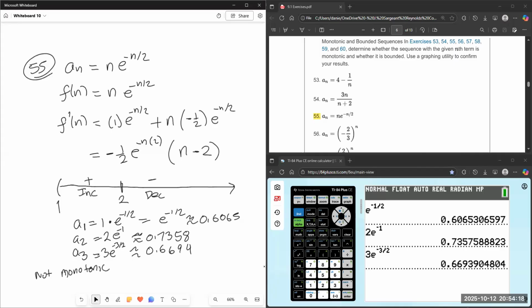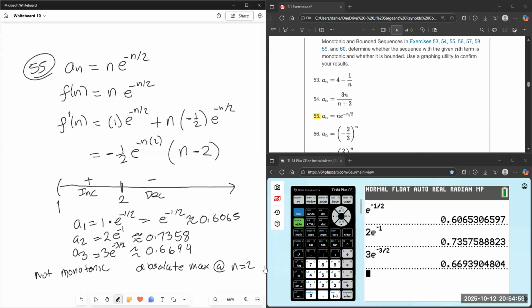It's not non-increasing or non-decreasing here, but it is bounded because we can see that once I hit A sub 2, it's always going to be decreasing. So there's a local maximum, which is actually going to be an absolute maximum, at n equals 2. And that's going to be A2, which is 0.7358.